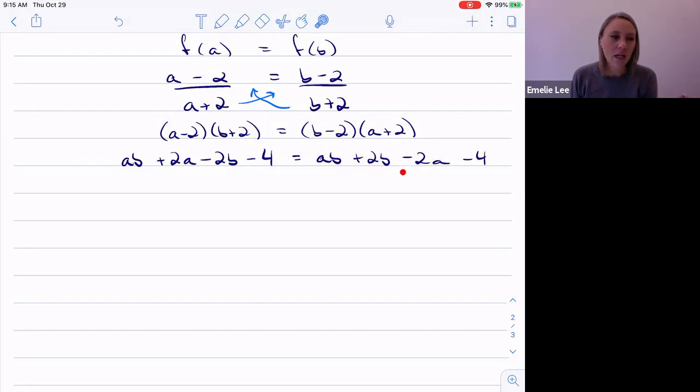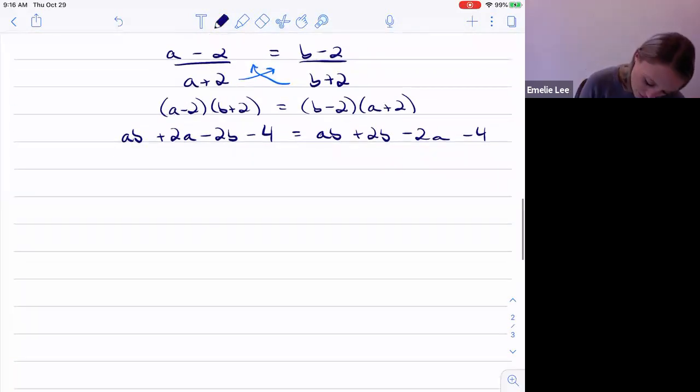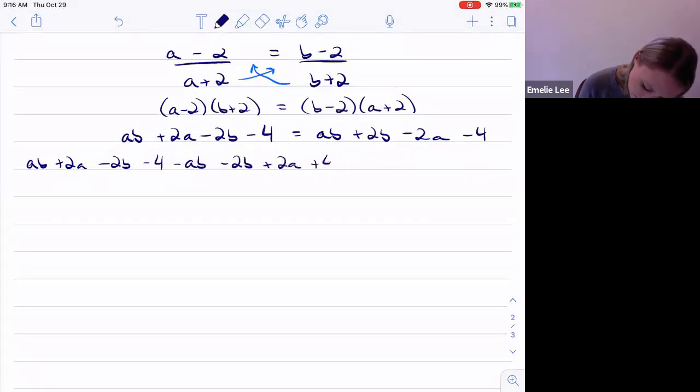And then it's easier to cancel stuff, I find. Okay. So what we get is ab plus 2a minus 2b minus 4 minus ab minus 2b plus 2a plus 4 equals 0.